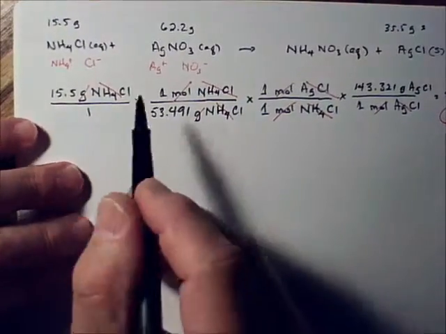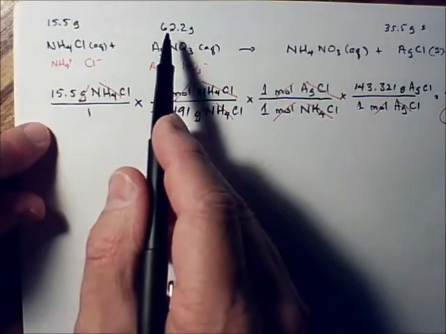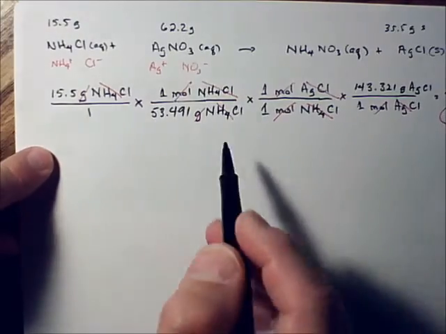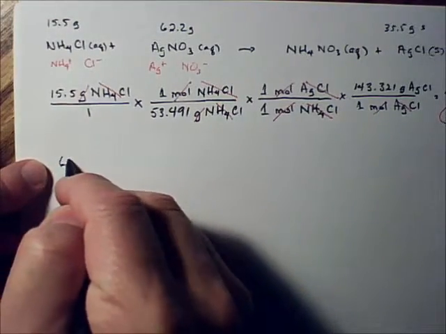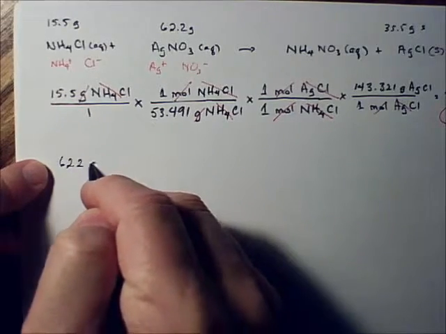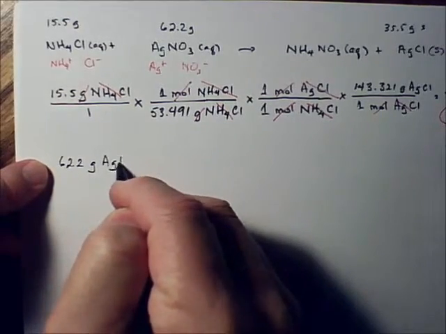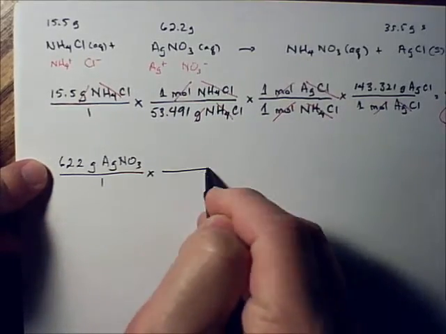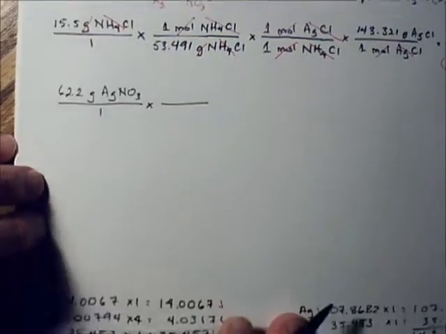Now we need to go back and do the same calculation, only this time starting with 62.2 grams of silver nitrate. Splitting that over 1. We need a molar mass for silver nitrate.